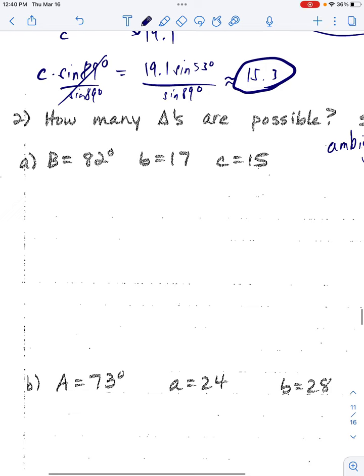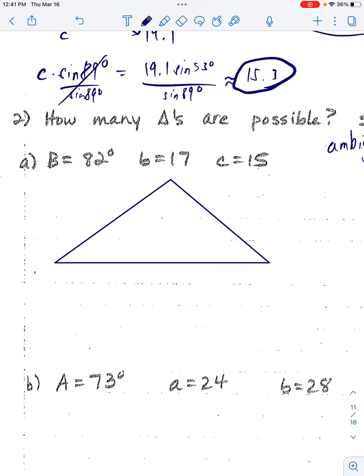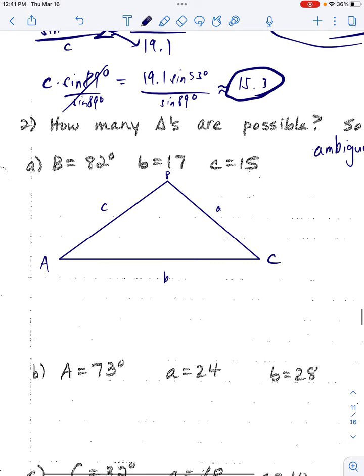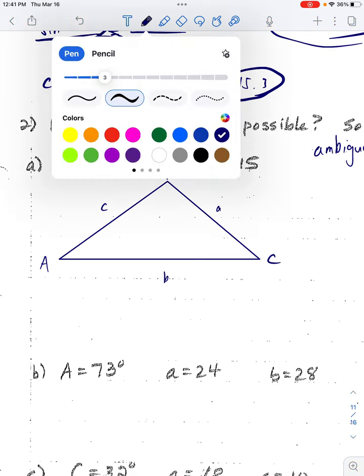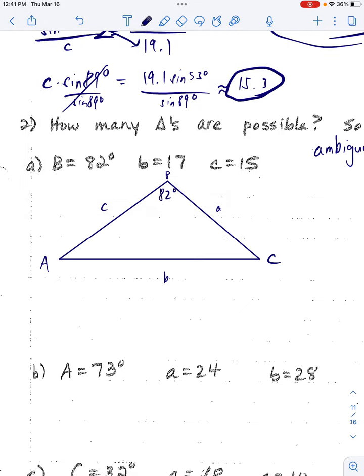And we know what we have in the ambiguous case here, because if you draw this triangle and label it, so here's big A, big B, big C, little b, little a, little c, and you fill in your measurements, big B is 82 degrees, 17 and 15, you'll see that you have ASS.